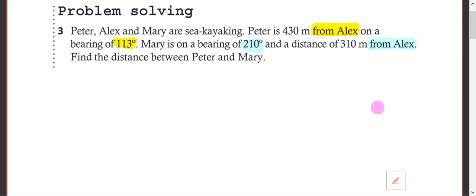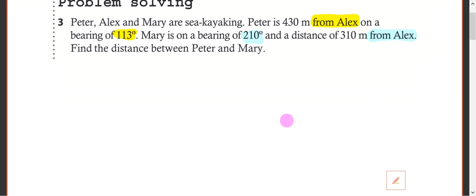Okay, so first off then, what are the rules for bearings? They're always from the same initial angle. Which zero is zero. It's always the same. But where's that from? What's zero? The initial point. Okay. Alex. Bearings always start from the same point.